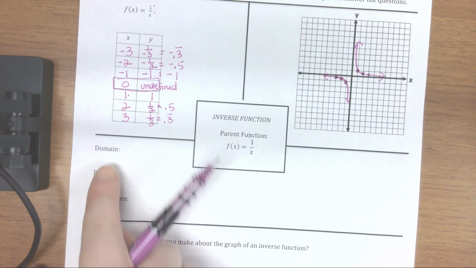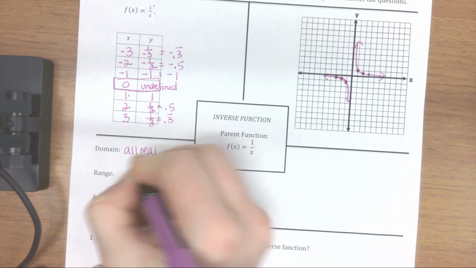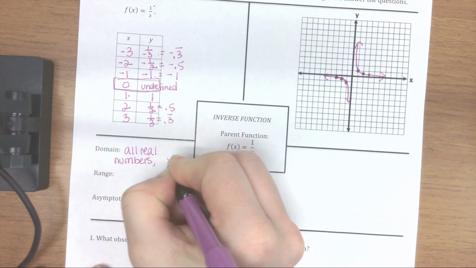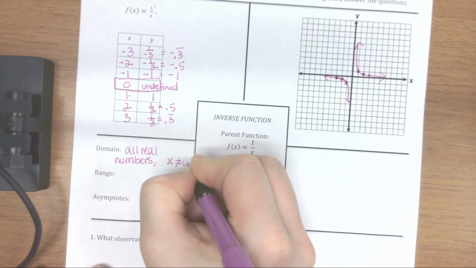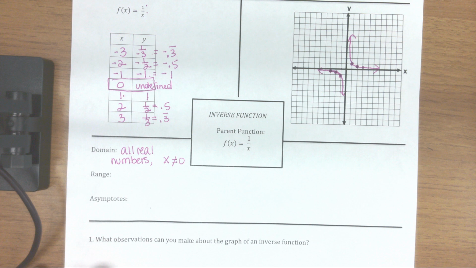So the domain, I'm going to say, is all real numbers. However, x cannot equal 0. Okay, now, do you notice on the graph, let's look now on the y values. There's also another number that y is never going to reach. Do you know what it is?